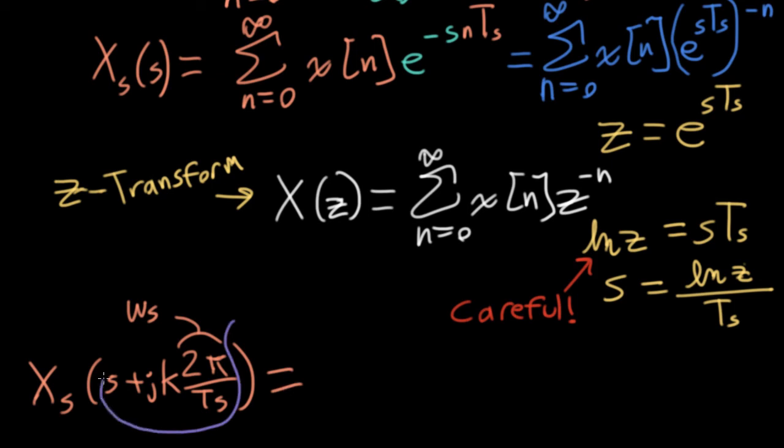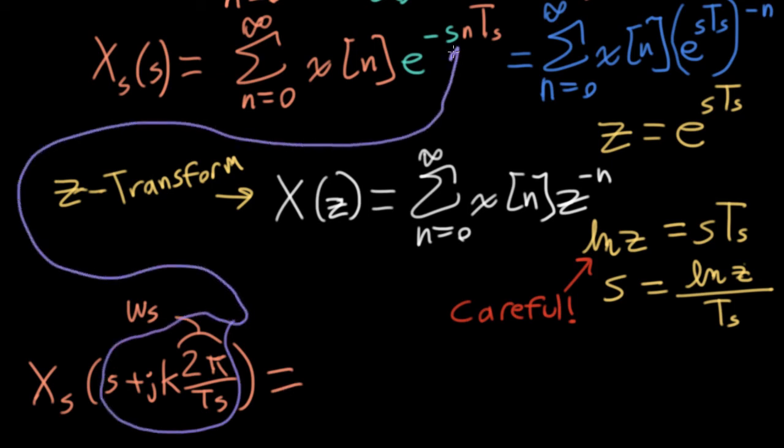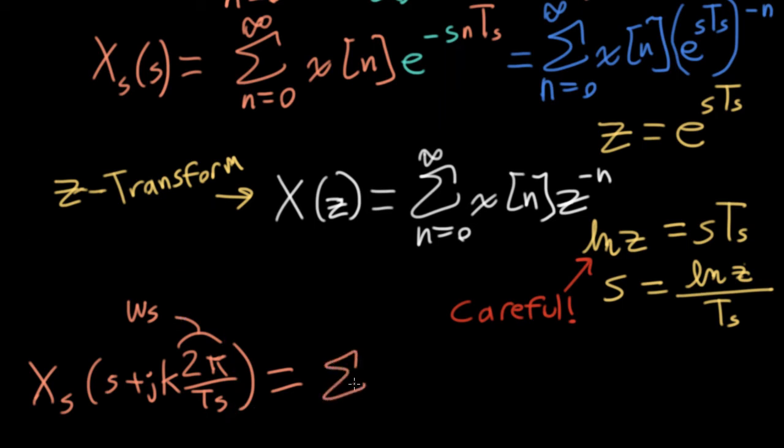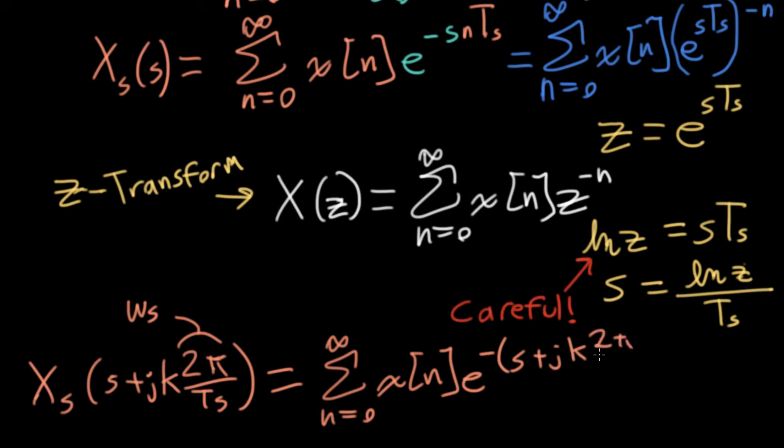So I'm going to take all of this and plug it in for s up here. So I would have my sum of x of n times e to the minus, here will be s plus j k, where k is some integer, 2 pi over Ts, n capital Ts.